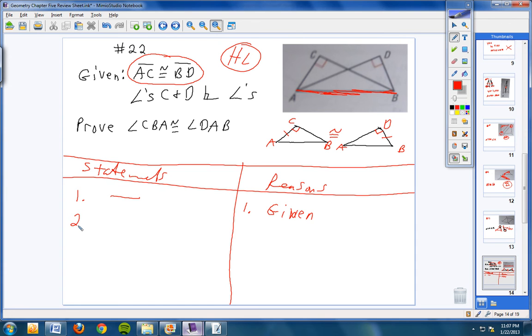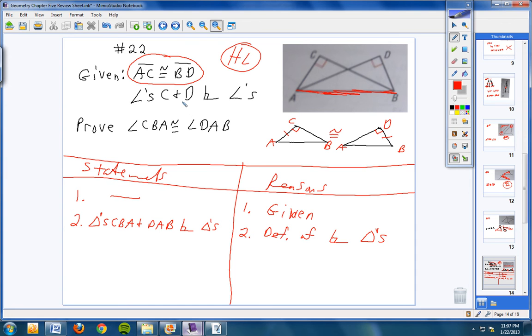So the first thing I'm going to state is triangles CBA and DAB, those two triangles, are right triangles. Now how can I state that? Definition of right triangles.